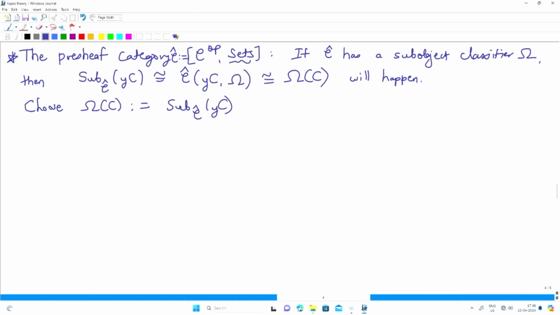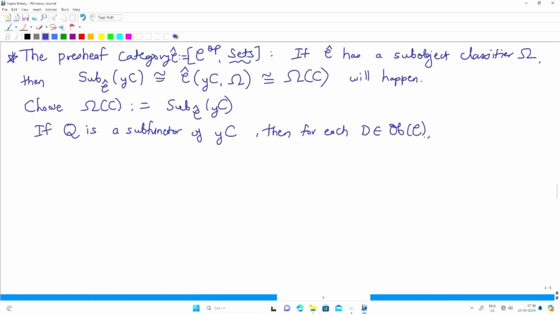Okay, let me quickly remind you, what is the meaning of a subfunctor? If Q is a subfunctor of Yc, then there is a monomorphism. Then for each D in objects of C, what will happen?